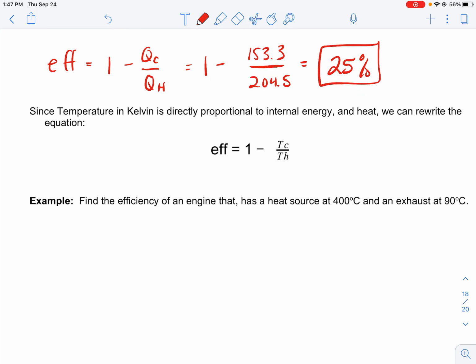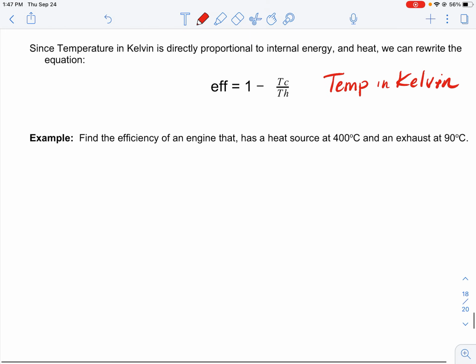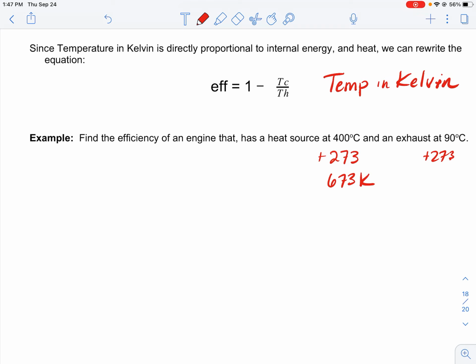Okay, now, since we know that Kelvin is directly proportional to internal energy and heat, we can also rewrite this equation in terms of temperature. It's just really key that the temperature is in Kelvin when we solve this. So find the efficiency of an engine that has a heat source at 400 degrees Celsius. So I'd want to add 273. And an exhaust at 90 degrees Celsius. So that would be 363. So I could do the same thing.